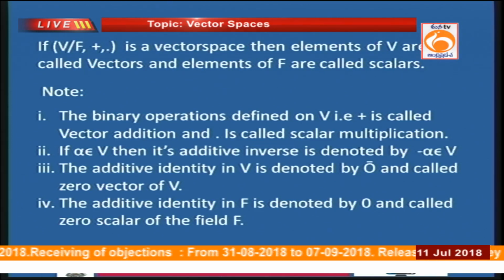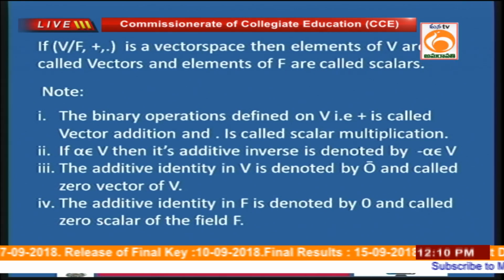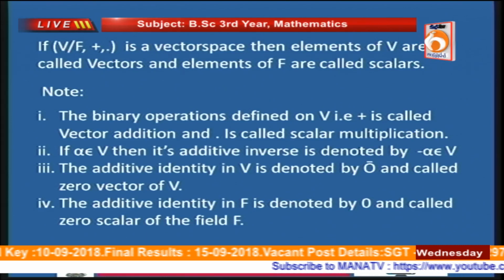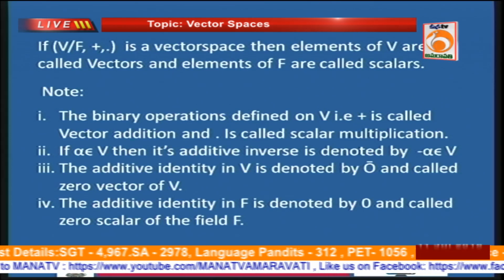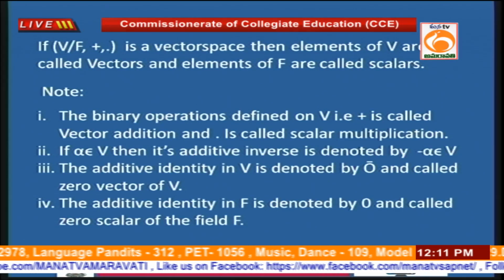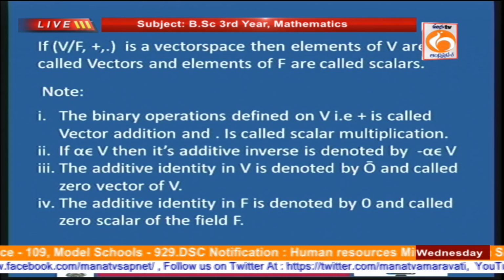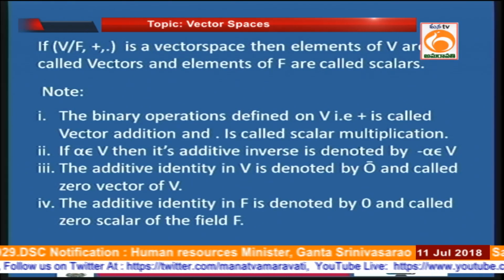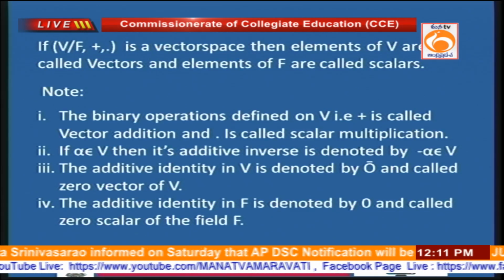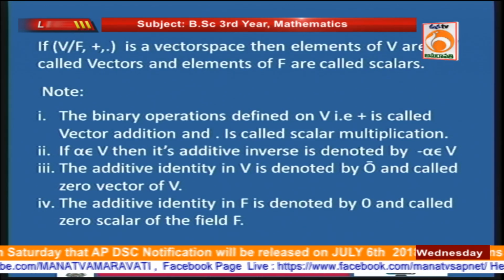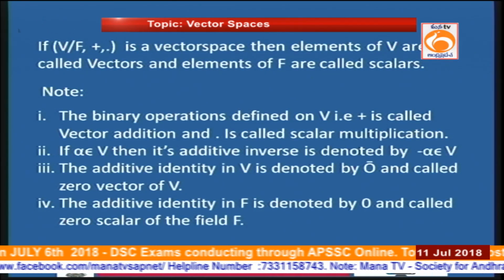Please note that V already has an additive identity, denoted by 0 bar, called the 0 vector of V, whereas the additive identity in the field F is denoted by simple 0, no bar, and this is called the 0 scalar of the field F. So, students, please make note of these differences.